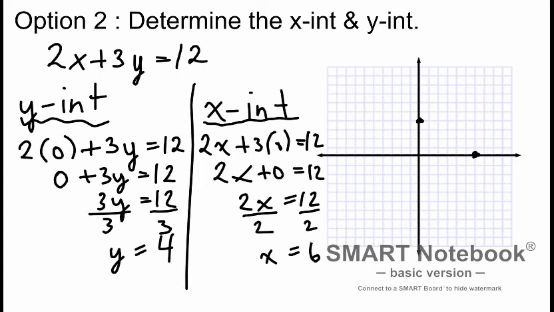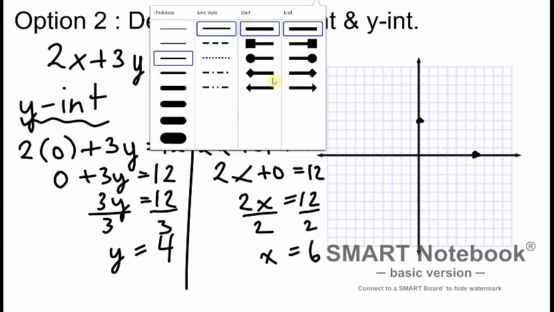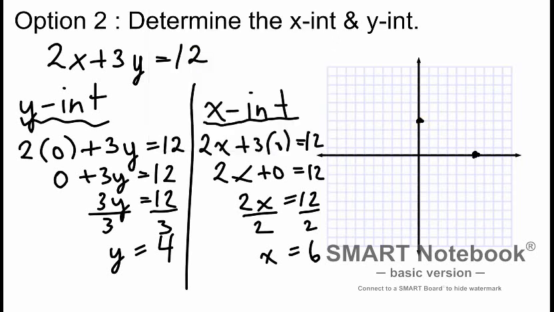And when you look at this line and realize that we now have the x-intercept and the y-intercept, it's pretty easy to see that I can make a line. That was not the line I wanted. Let me undo. I was trying to choose a straight line. That's not working again. Bear with me just a moment here. Last chance.